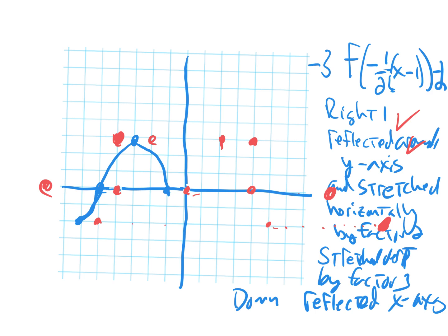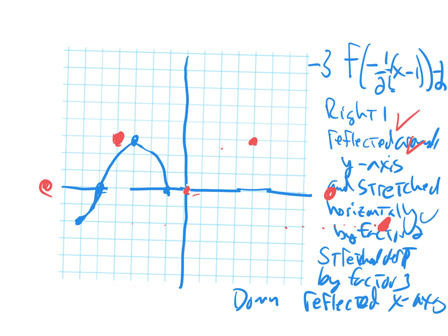Set it up to 10 this way and on the scale. So you can use the erasing method. So that's in there, that's in there, that's in there. So taking care of this stretch is on there. Now I'm going to stretch it vertically by a factor of 3.